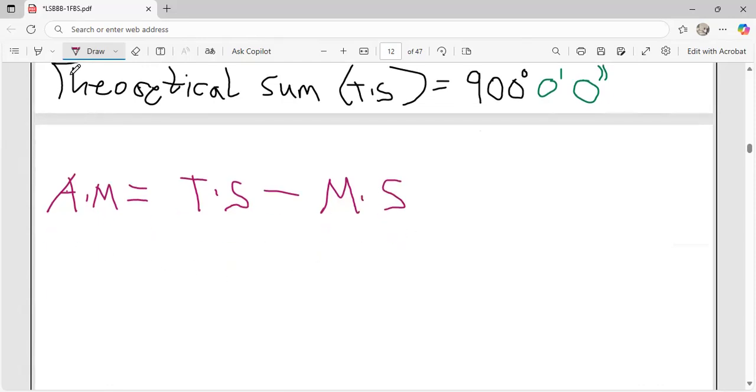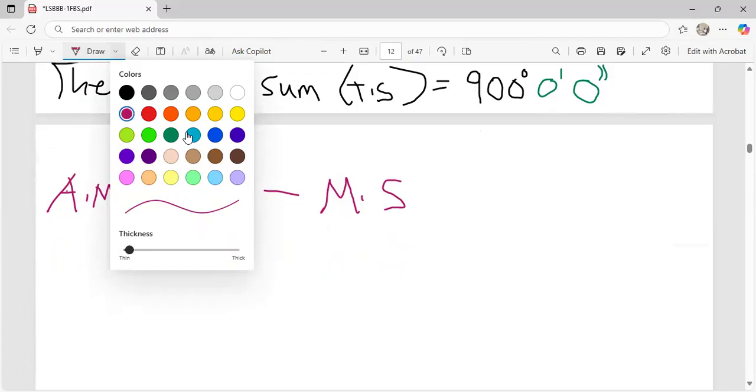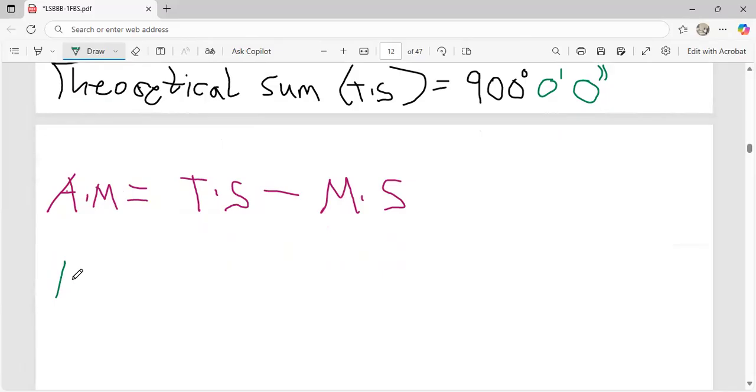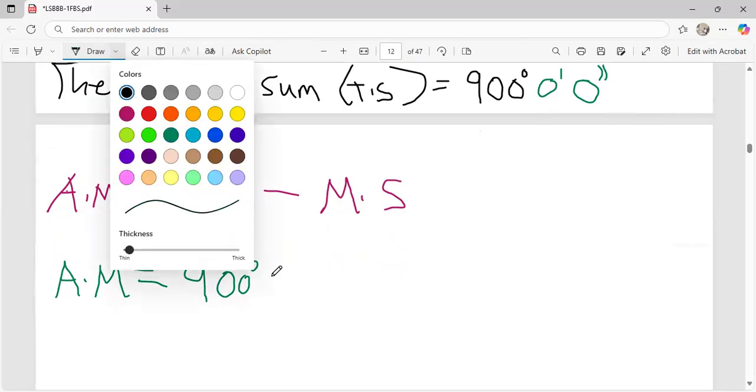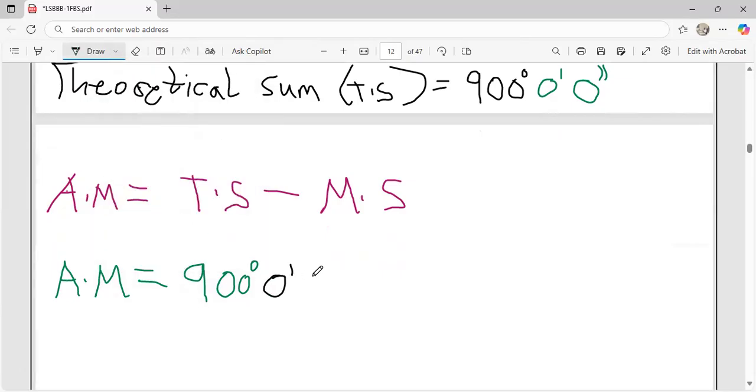We just calculated our theoretical angle and we had 900 degrees, which, as I told you, has 0 minutes and 0 seconds attached to it.